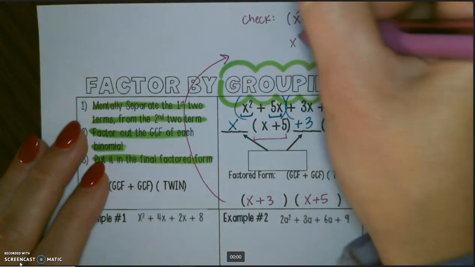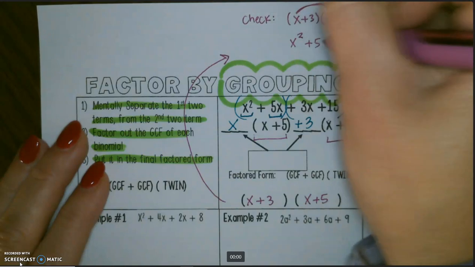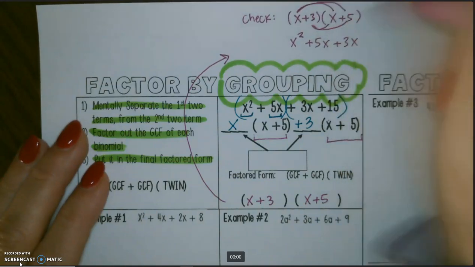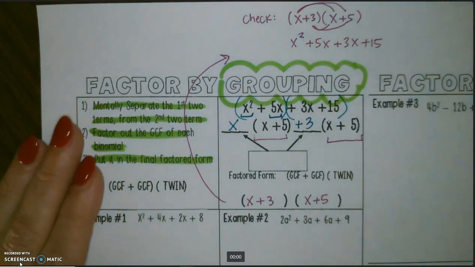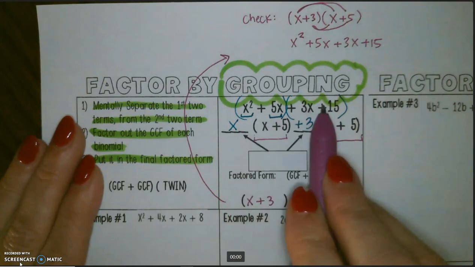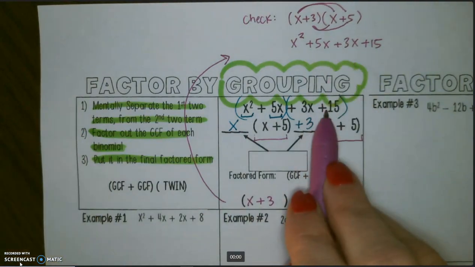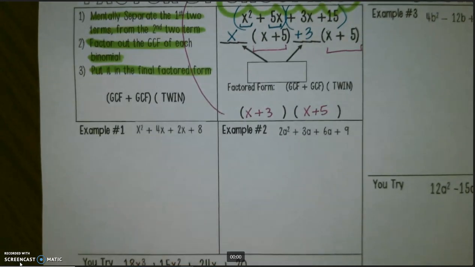So x times x is x squared. x times 5 is 5x, 3 times x is 3x, and then 3 times 5 is 15. Right? So notice when I multiply it back together, I get the exact same thing I started with. That's how you know that you successfully factored it, if you multiply it back together and you get the original polynomial. All right, let's take a look at another example.